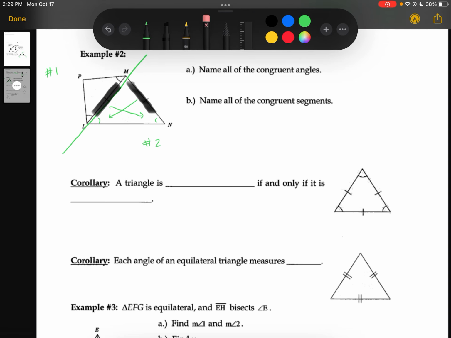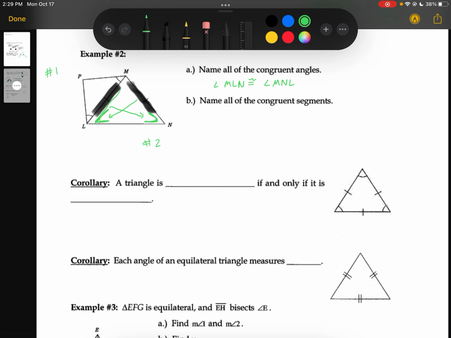So we can say that angle MLN is congruent to angle MNL. MLN, this angle here, is congruent to MNL, this angle here.